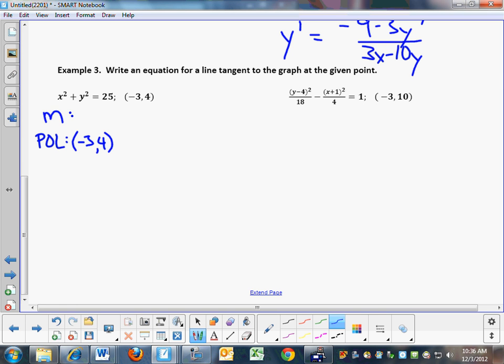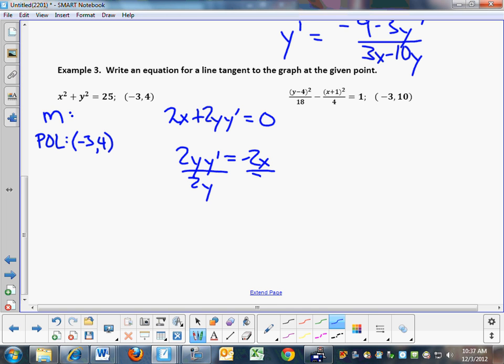In order to find the slope, I need to take the derivative. What is the derivative of x squared? 2x. What's the derivative of y squared? Equals 0. Subtract the 2x. 2y, y prime is equal to -2x.